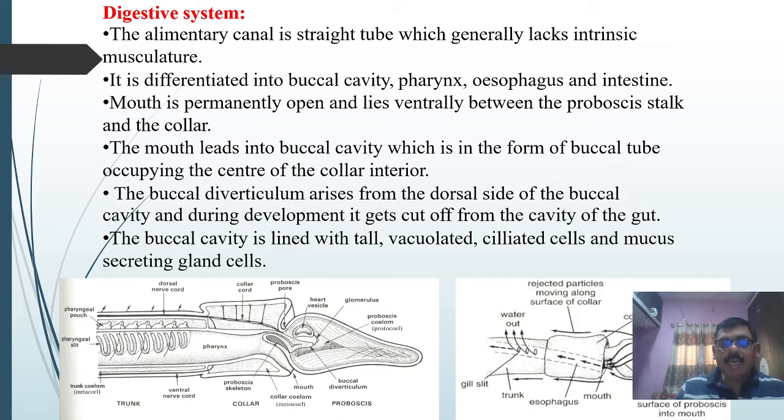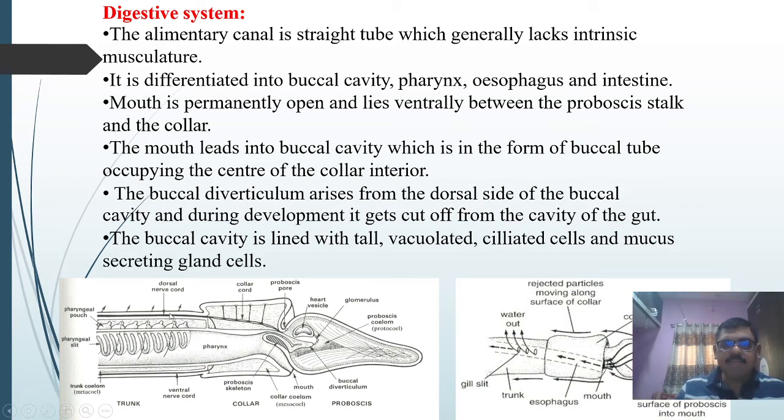So the alimentary canal in Balanoglossus is a straight tube that lacks intrinsic musculature, or intrinsic muscles.